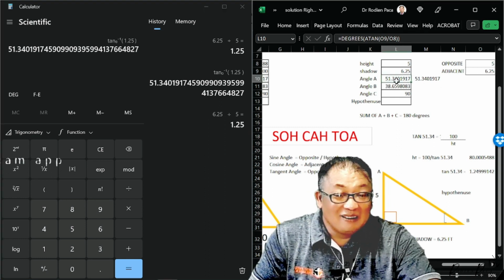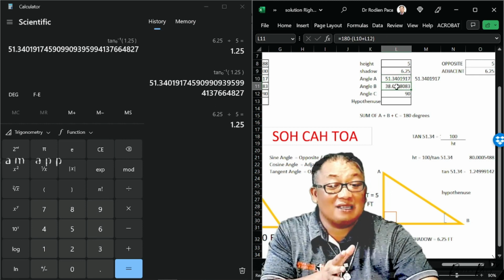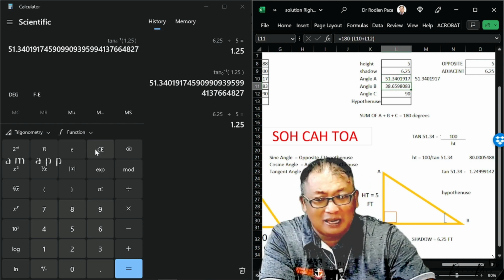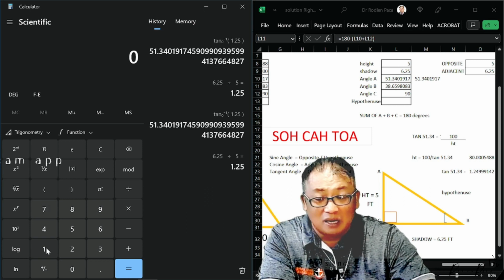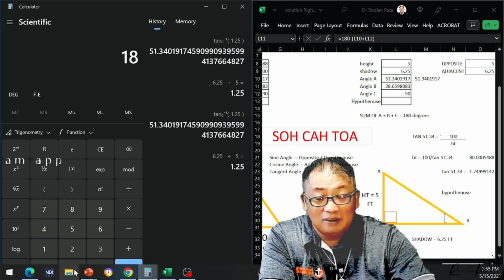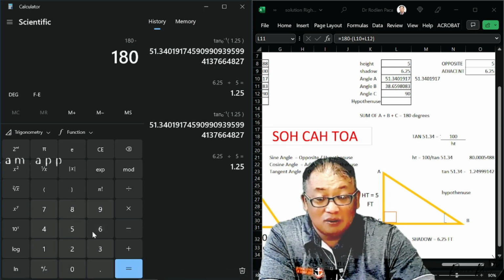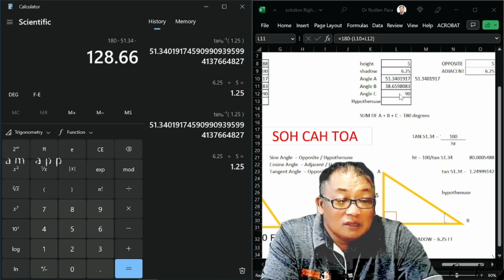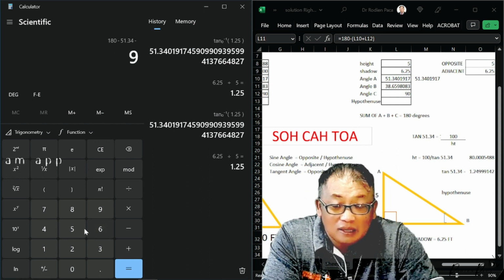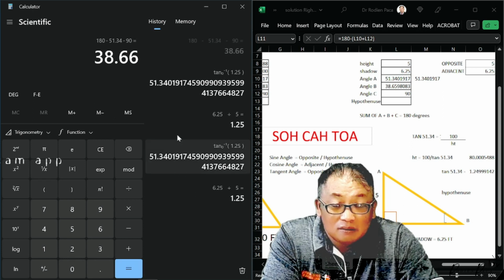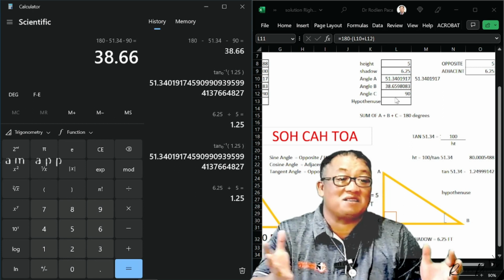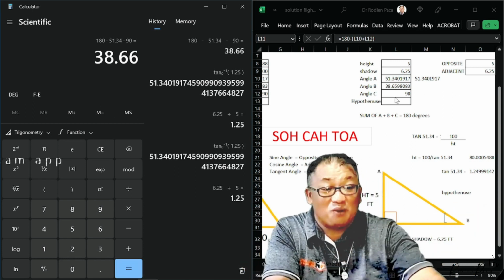Then angle B cannot be solved by the calculator, but it can if you want. It's very easy. 180 minus 51.34, minus again, minus 90. Now you have 38.66, which is the same as Excel.